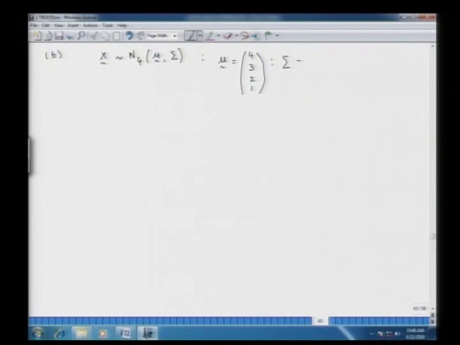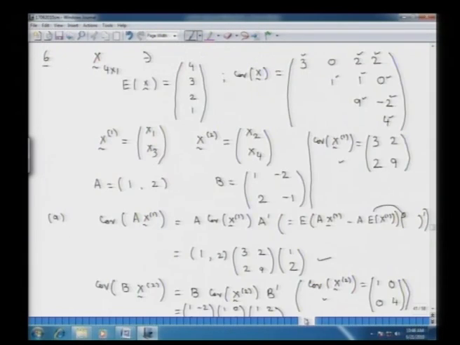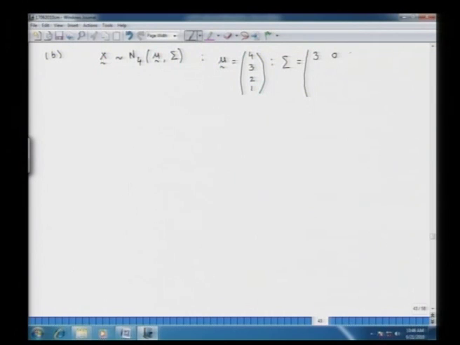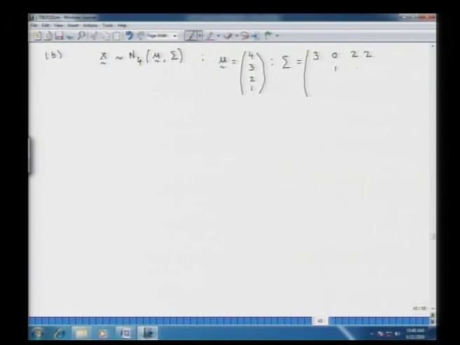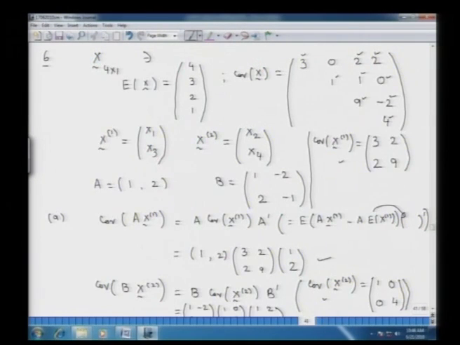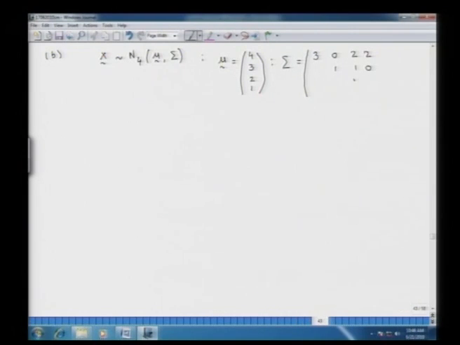We had this sigma matrix, the 4 by 4 symmetric positive definite matrix, given by this particular quantity: 3 0 2 2, then the other elements 1 1 0, then 9 minus 2 and 4. This is a symmetric matrix, so there is no need to write the lower triangular part here.